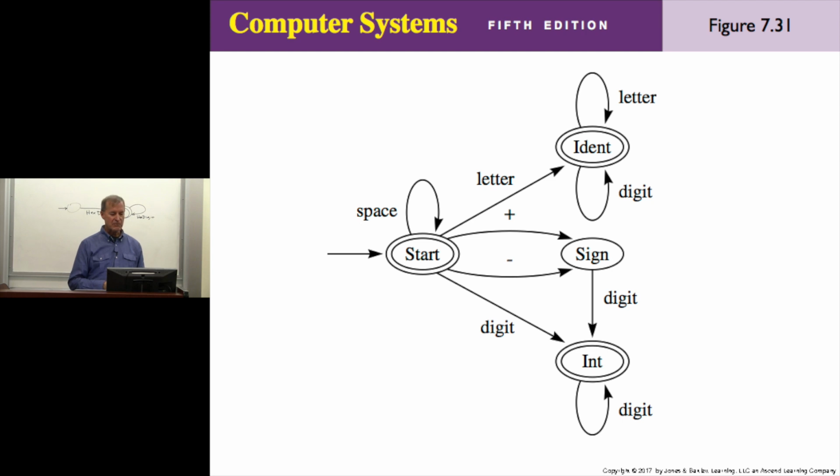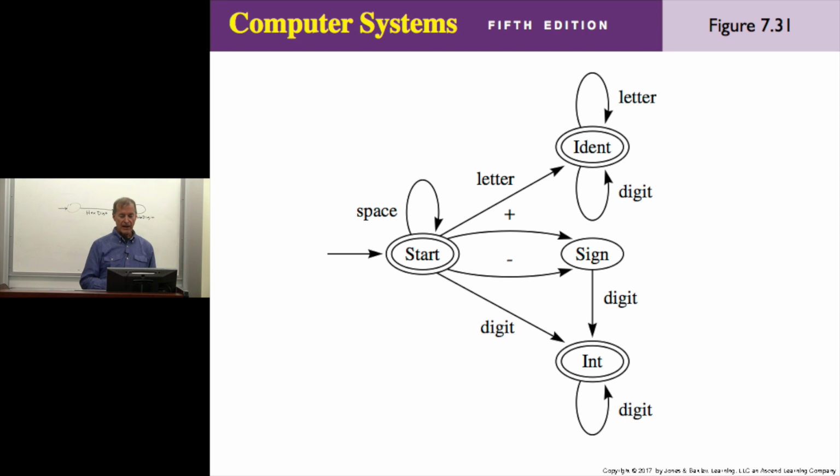And the token that's going to be recognized in that situation is called the empty token. All right, and this is how the finite state machine is going to handle leading and trailing spaces on a line.